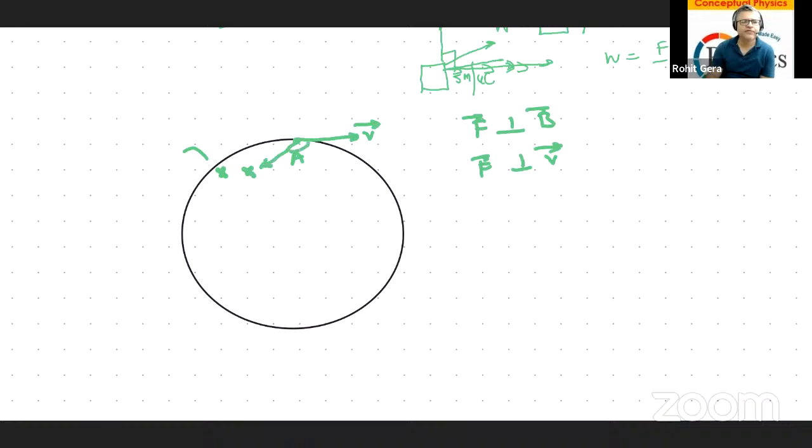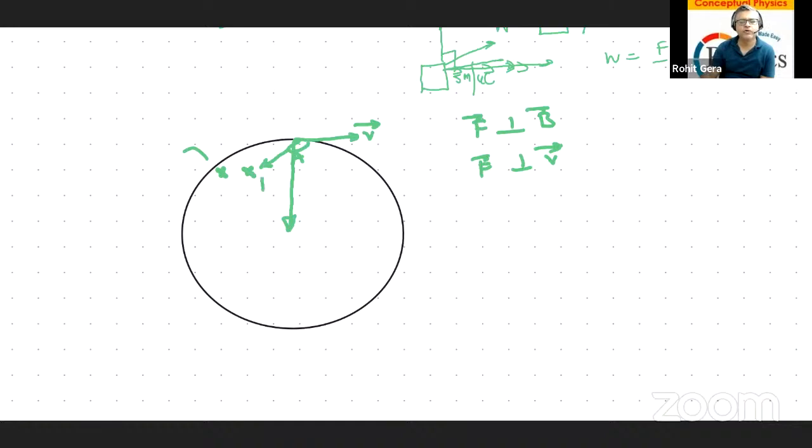The v cross B for this is going to be like this. This is your magnetic field.